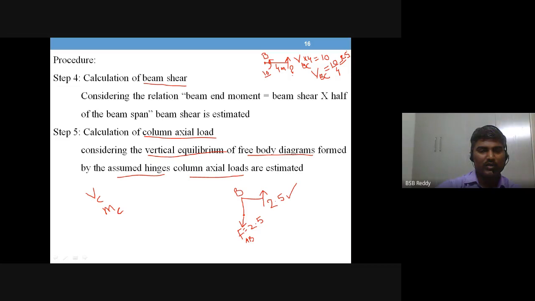Then you have calculated beam end moments. Once you know beam end moment, you have calculated beam shear. Once you know beam shear, you have calculated column axial loads.